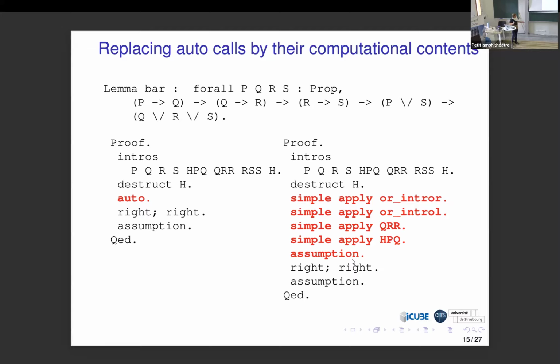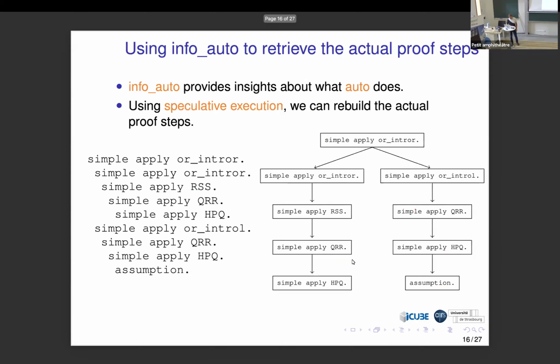So the idea is how Rocq could help us find what auto did and how we can replace this auto tactic with a succession of simple tactics. For that, we use a tactic called info auto, which provides insight about what auto does, but it doesn't return what has been achieved by auto.